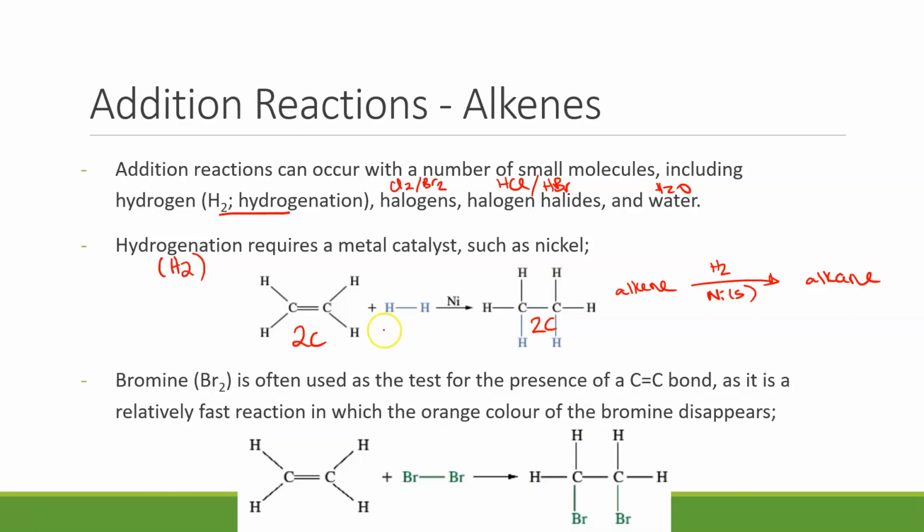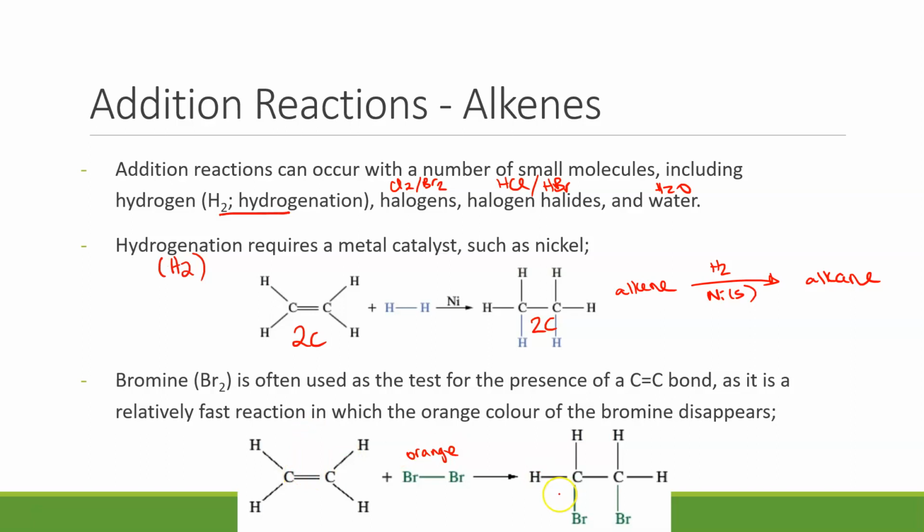With bromine, this is something that we often use as a test for the presence of a carbon-carbon double bond, and this is because bromine is a dark orange-brown color when it is in Br2, so it'll be orange. When we cleave that bond, it loses its color, or it decolorizes.